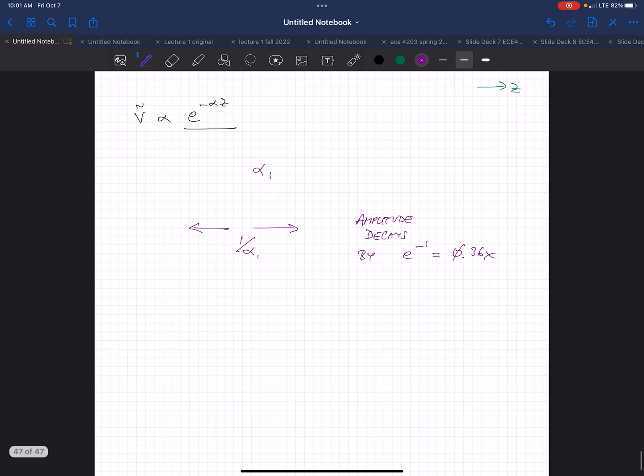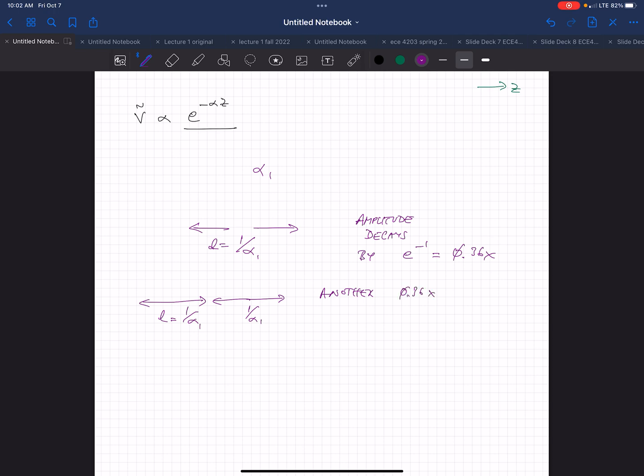And if you go another 1 over alpha, so you did a distance, so this is L is 1 over alpha. If you had a distance of 2 of those, you'd get another 0.36x.